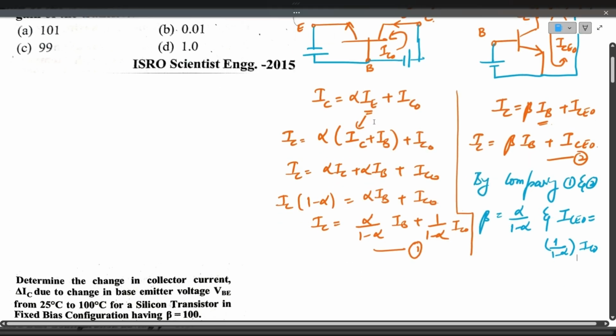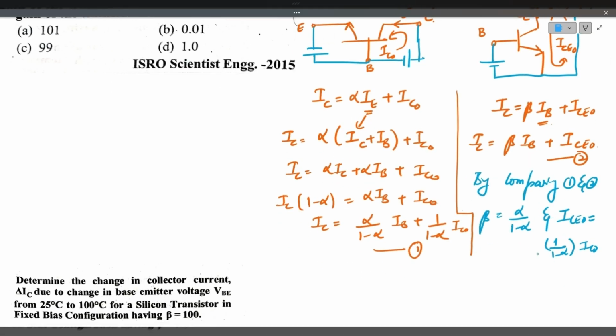This can also be written as ICE naught equal to 1 plus beta times IC naught. 1 by 1 minus alpha is nothing but this component; you can replace it with 1 plus beta also. So this is the relation.